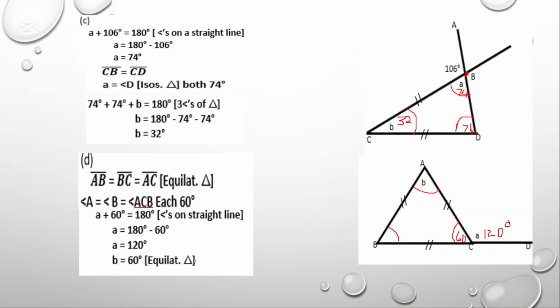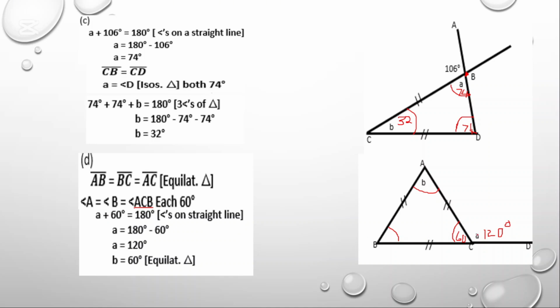Let's start again. AB is equal to BC is equal to AC, equilateral. A is equal to B is equal to ACB. You can't talk about C here because we have two angles here by C. So ACB is equal to 60. Therefore, in the next line, I can use that.